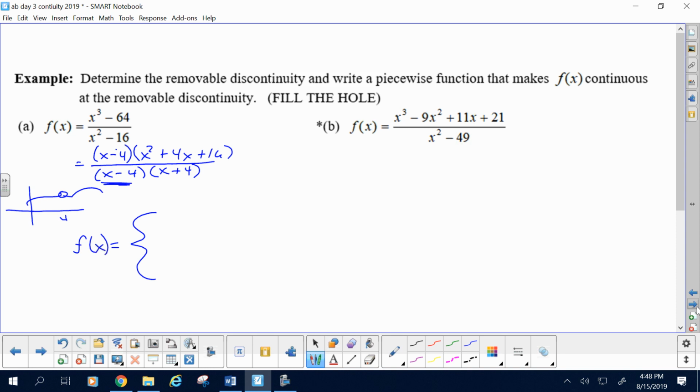At 10, I'd have 6 over 6, they would divide out, and I'd have what's left. At -22, these guys would go away, and I'd have what's left. So at every point that's not 4, it behaves just like this because these divide away. So for every point except 4, it behaves just like x squared plus 4x plus 16 over x plus 4.